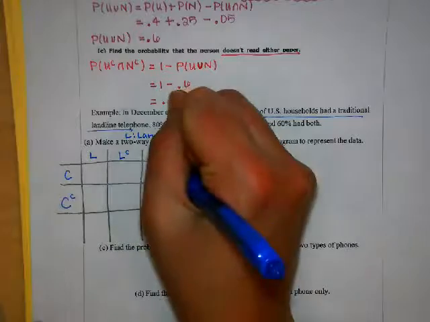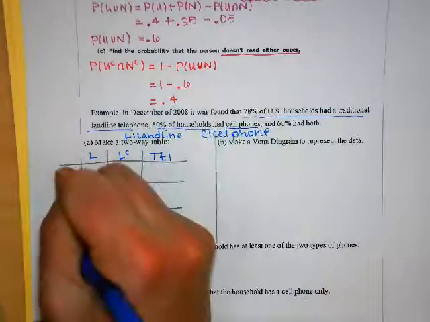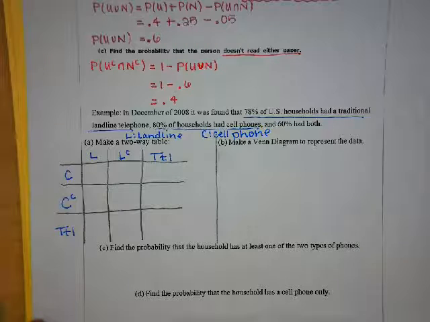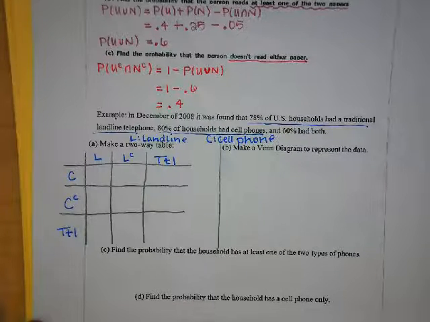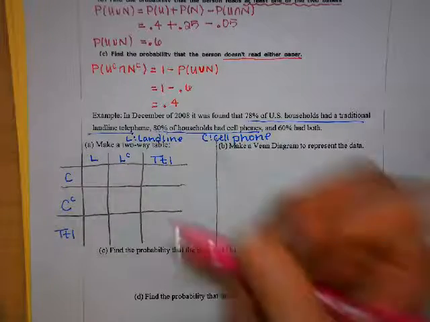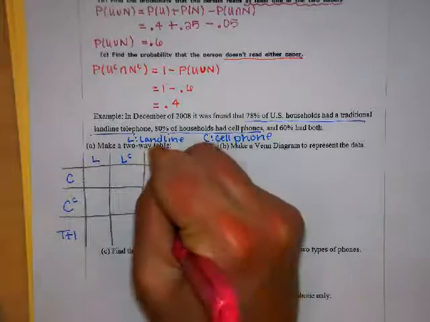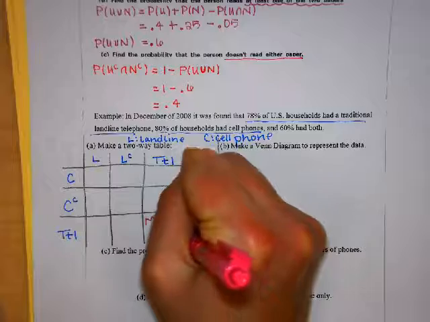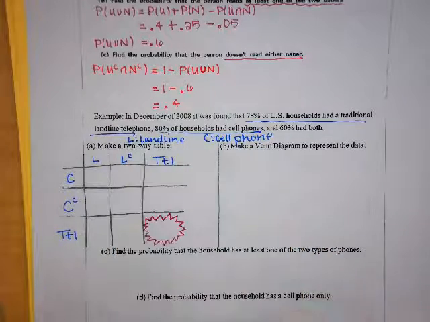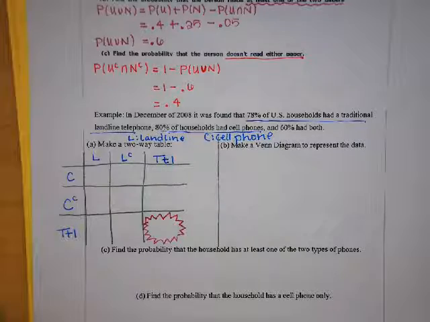Now, on this example, we're given percents. So when we fill in that grand total down here, what should all our percents add to? 100. Thanks, Chloe, 100. Now, if you would rather, you could turn all your percents to decimals and make the grand total 1.